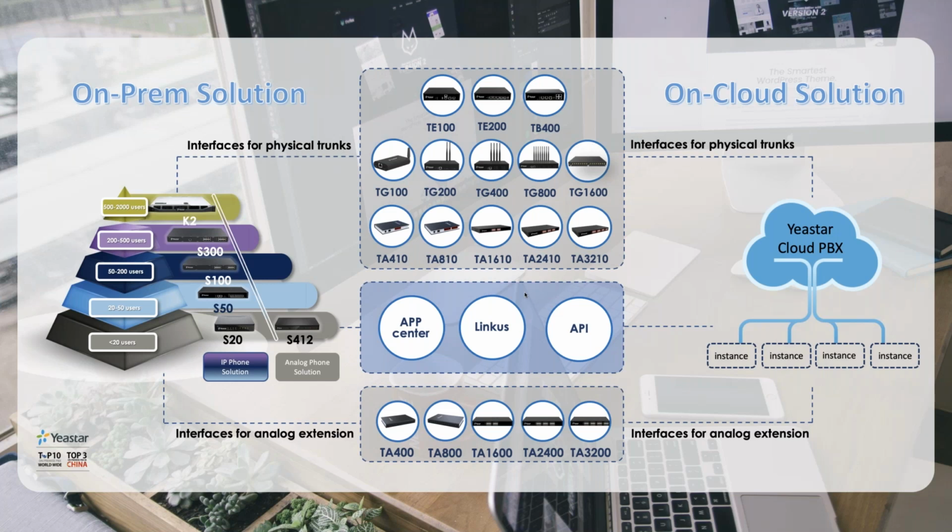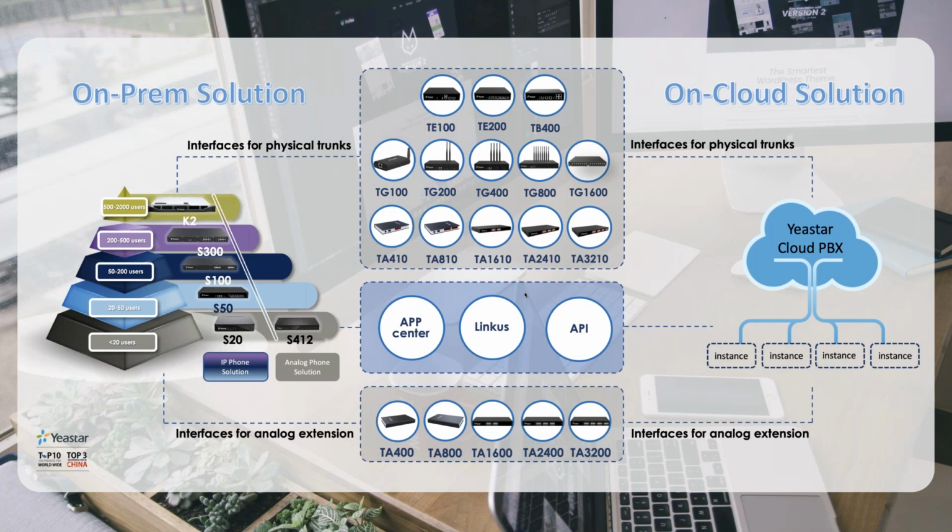Except for the on-premise and on-cloud systems, we also have the gateway solution. We also have the solution for extension users, which is called Linkus UC app. So anyway, the whole Yeastar product line is a very comprehensive solution for our SMB users. Okay, so today I'm just going to talk about some highlight features of our S-Series PBX.